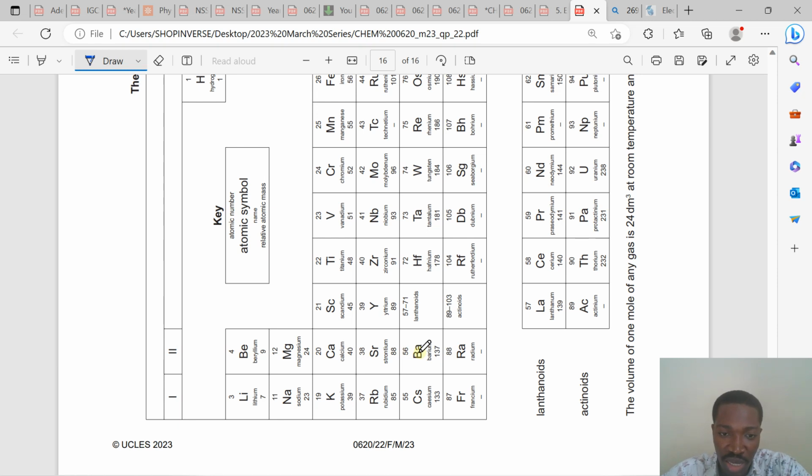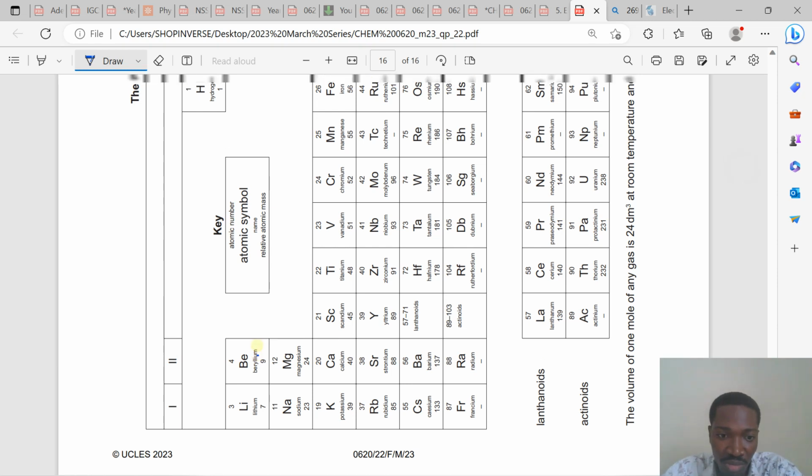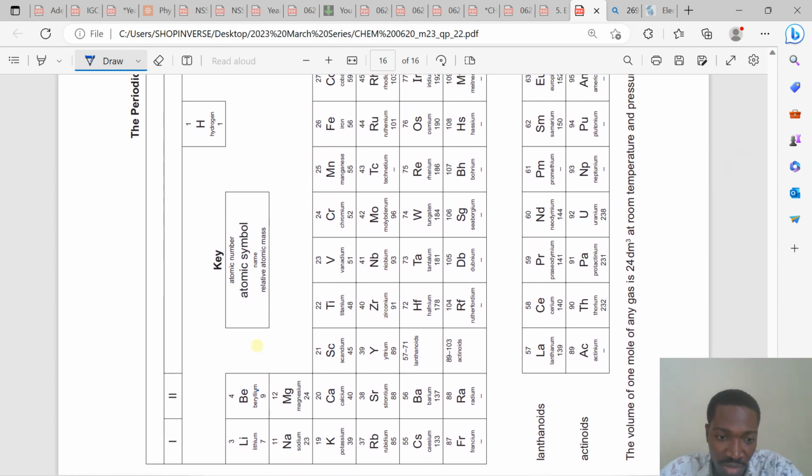Ideally, you expect the elements in the upper part of the periodic table, period 2, period 3, period 4, period 5, period 6, to be more reactive than the ones at the lower part.